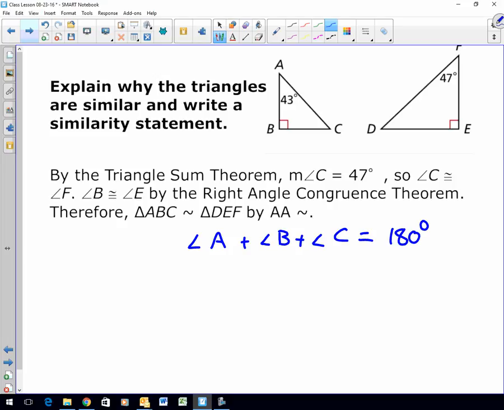How much is angle A here? 43 degrees. How much is angle B? 90 degrees. It's got the right angle box, right? How much is angle C? We don't know what angle C is. That's the problem. That's 43 and 90, which is 133.